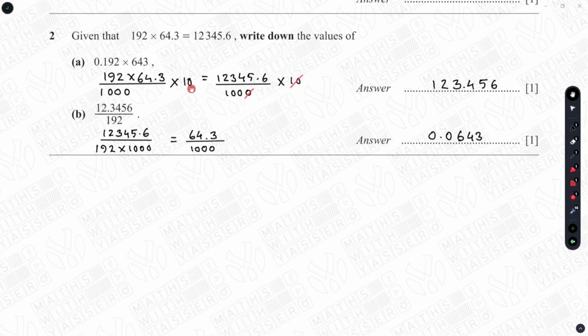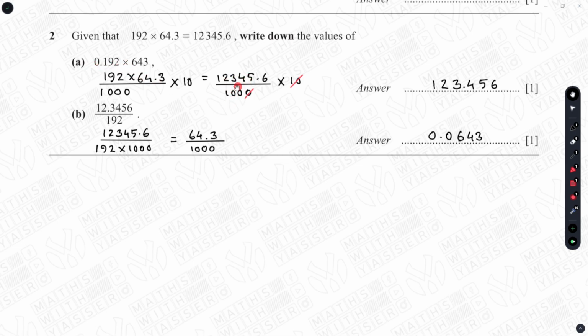So now we can say this value, which is 192 times 64.3, will be 12345.6 over the 1000 which we have introduced in order to manipulate so that it becomes this equation.